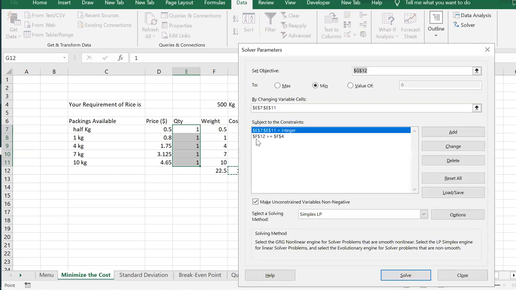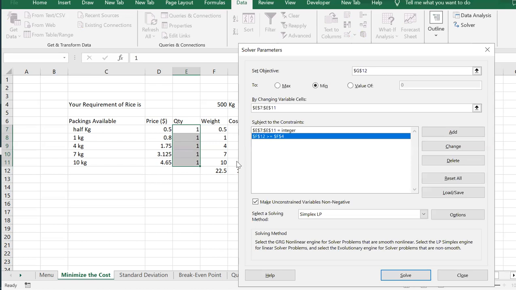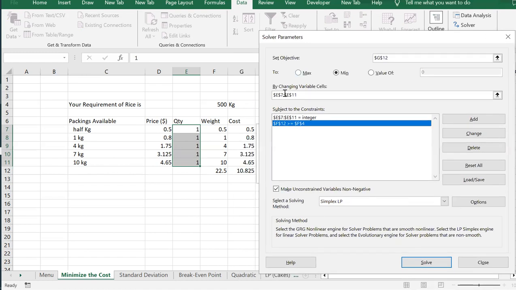And the other thing is that the total weight is greater than or equal to 500, because due to packages it may exceed something, 510, 514. We don't mind as long as we have the optimum cost solution here. So we specify another constraint, that this total of the weight is greater than or equal to 500.